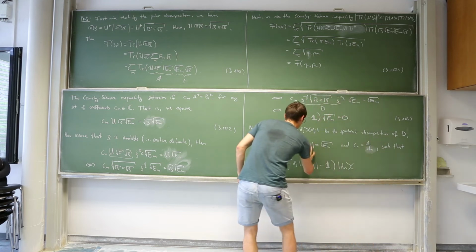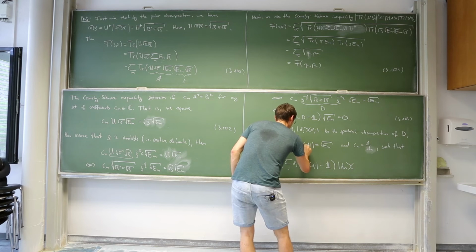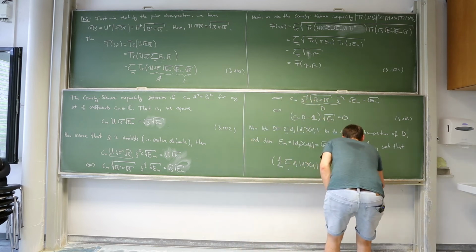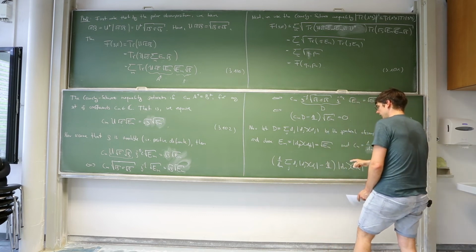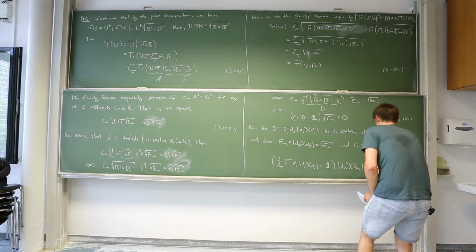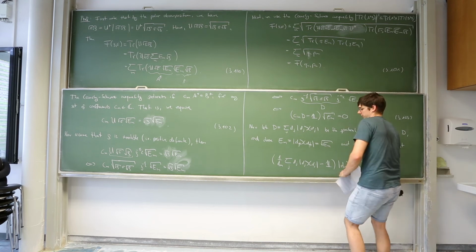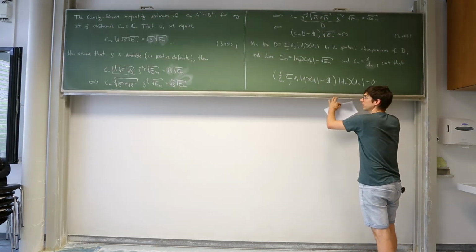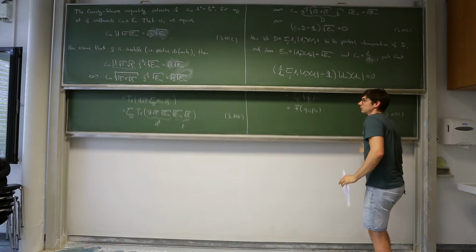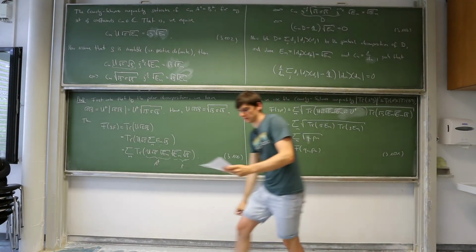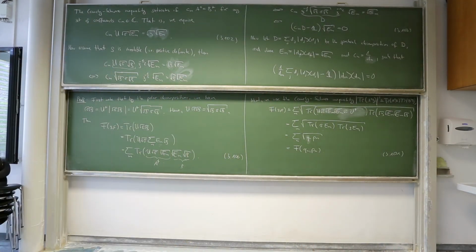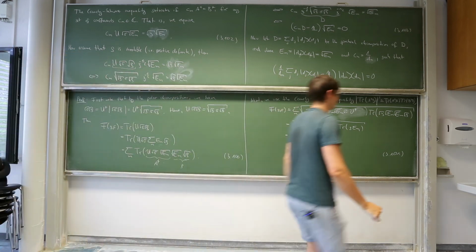Sorry, here must be coefficient, must be m. So it's dm. This times this must be 0. And there's one more line until we see that this is true.